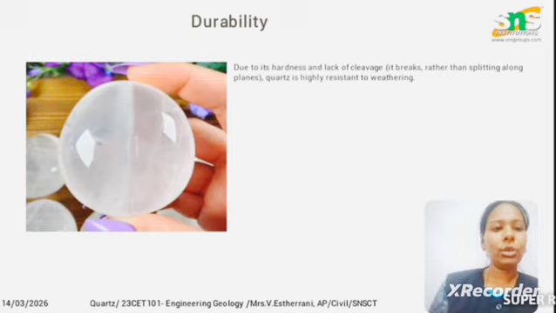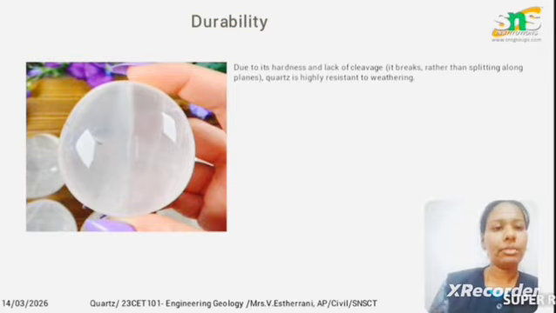Next one is the durability. Durability is nothing but the lifespan of a material. This quartz mineral has a high durability due to its hardness and lack of cleavage. Cleavage is nothing but the breakage along any plane.